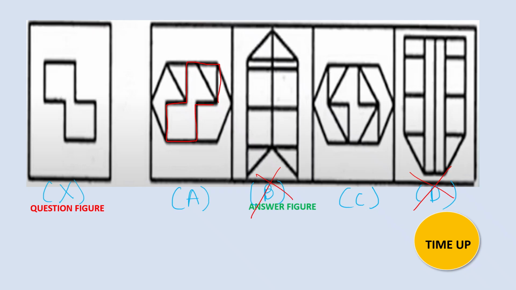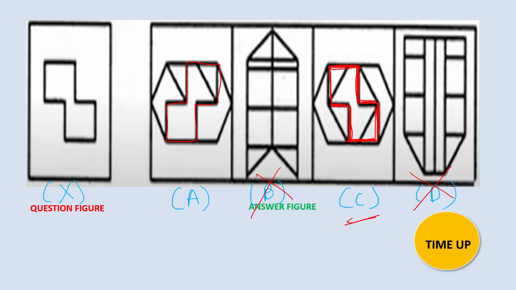Rule 1 will be what? If you see the exact image in the given 4 images, then that will be your answer. So if you observe option C, you can see the exact image. See, like this. This is the exact image which is observed, correct?